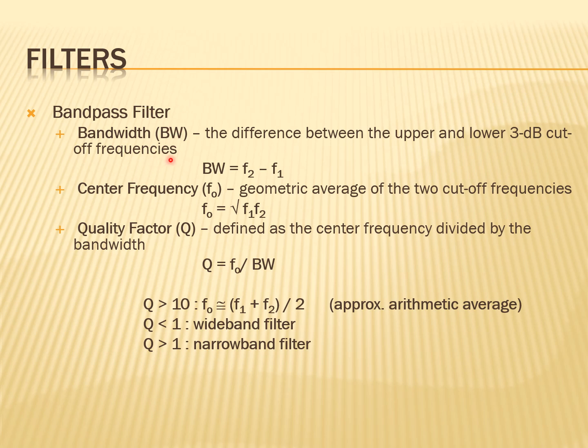First is the bandwidth. The bandwidth is the difference between the upper and the lower 3 dB cutoff frequencies. Bandwidth is given by the formula F2 minus F1, wherein F2 and F1 stand for the upper and the lower cutoff frequencies. For example, we have cutoff frequencies equivalent to 4.